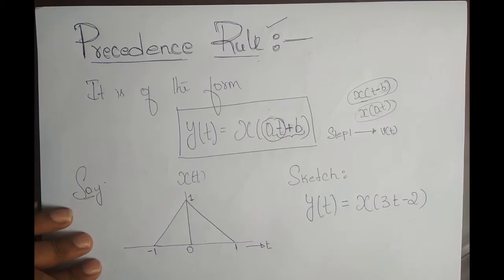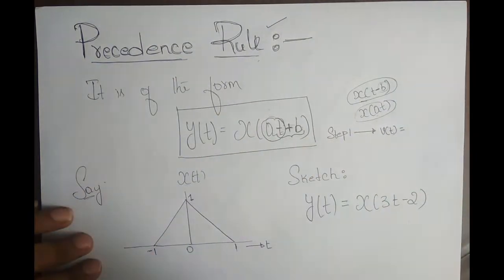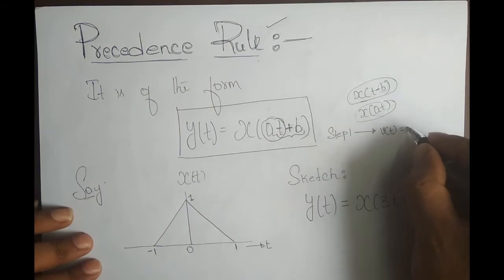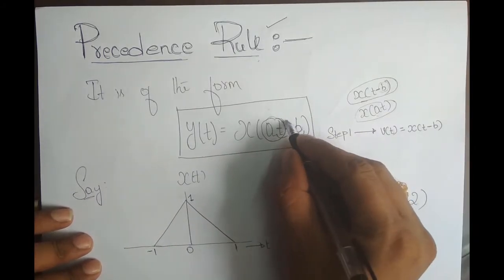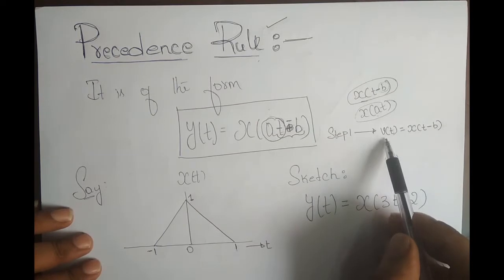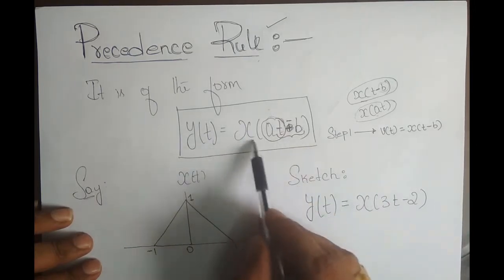This signal involves only the time shift operation. Which part is the time shift operation here? x of t minus b. For the time being we'll keep it as minus. So step 1 is to get an intermediate signal v of t, which involves only the shifting operation of the signal x of t.